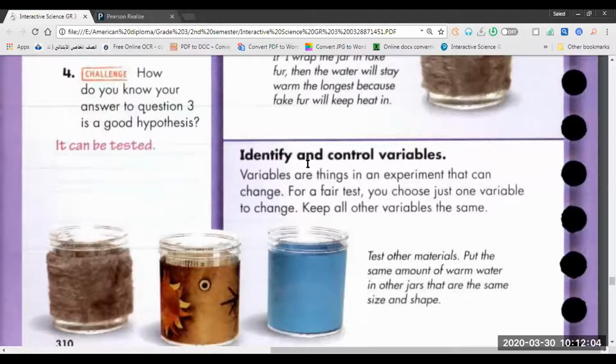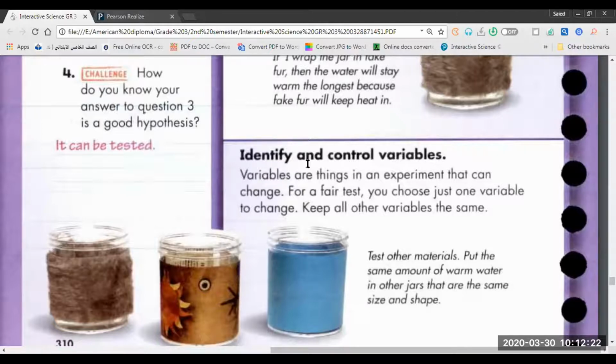When you do a fair test, you have to change just one thing, and the other things should be the same.